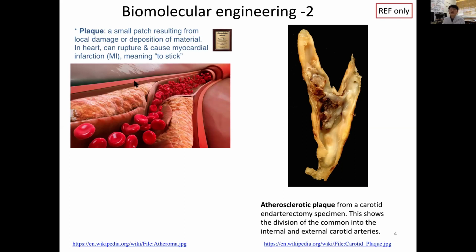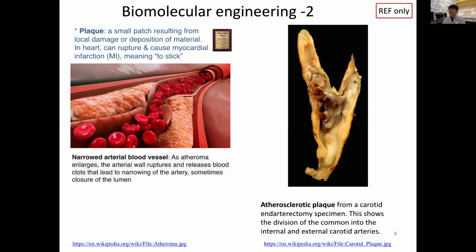This is an artery, and this is an illustration of how plaque can interfere with the blood flow. You can see that when the plaque grows, it can interfere with flow. And from an engineering point of view, this diameter is related to resistance of the flow. This narrowed arterial blood vessel is due to this atheroma.